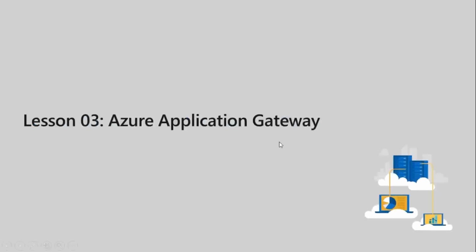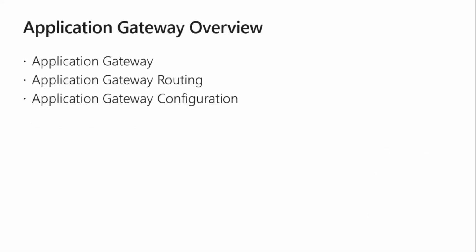Azure Application Gateway. What is this, audience? Application Gateway is a layer 7 load balancer. Subramania asked what is the difference between app gateway and VPN gateway. VPN gateway just gives you the connectivity tunnel from your on-prem or from one virtual network to another virtual network.